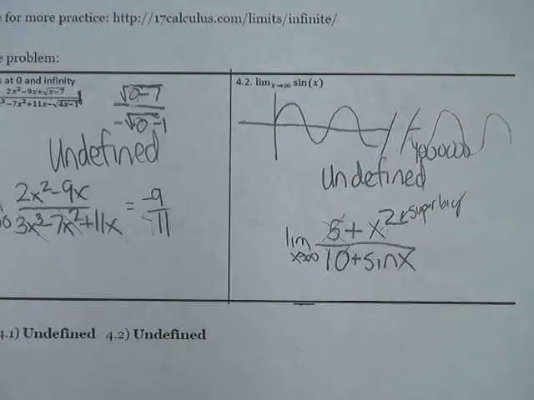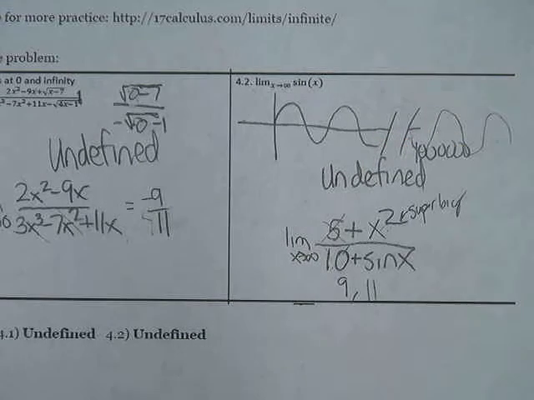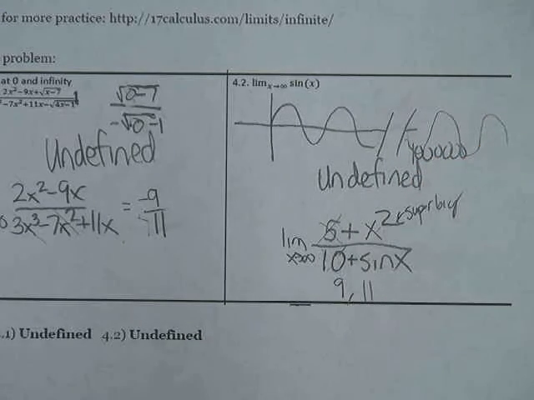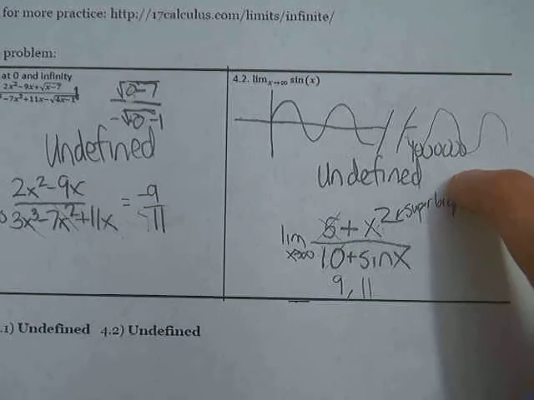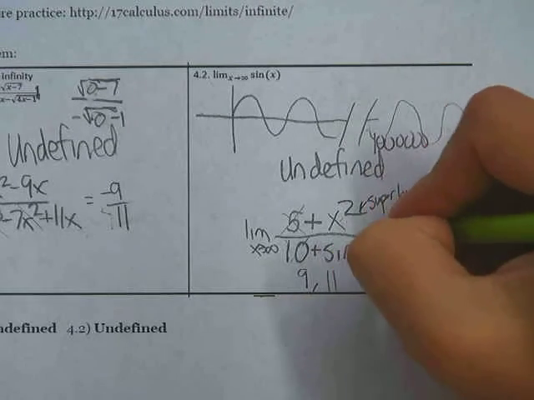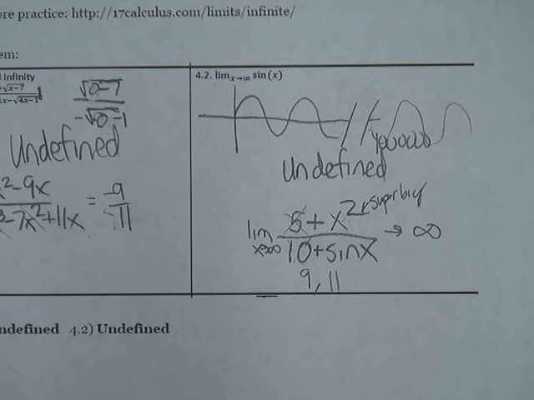But sine just goes between negative 1 and 1, which means this bottom's always between 9 and 11. Which means it's always going to be positive because anything squared is positive and we're always dividing by a positive number. And this is getting super big, and these are just staying between 9 and 11. So this thing is actually going to infinity, and so we'd say that the limit approaches infinity.